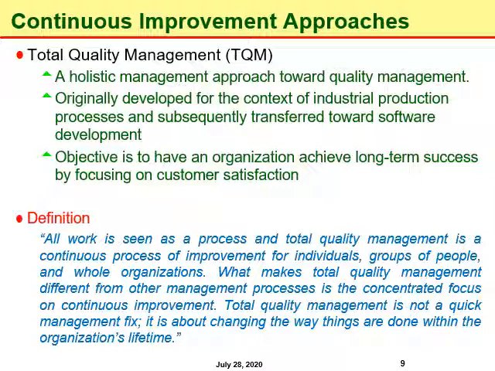What makes total quality management different from other management processes is the concentrated focus on continuous improvement. Total quality management is not a quick management fix. It is about changing the way things are done within the organization's lifetime.